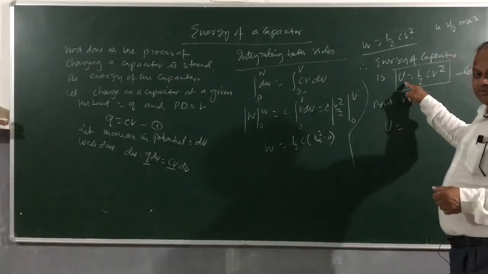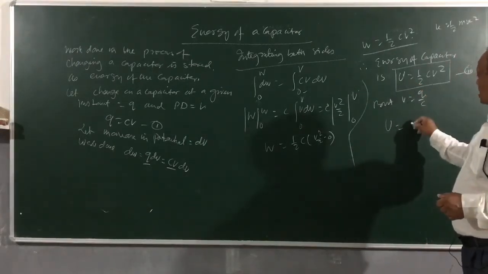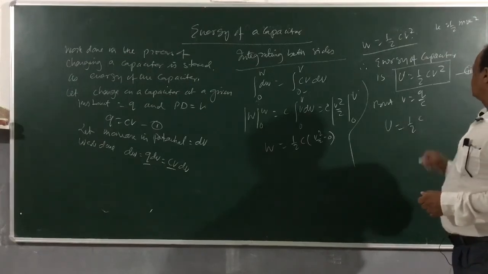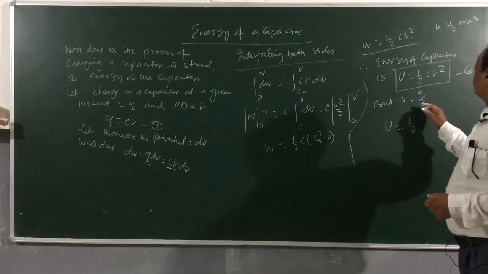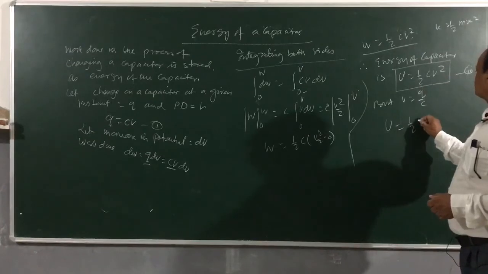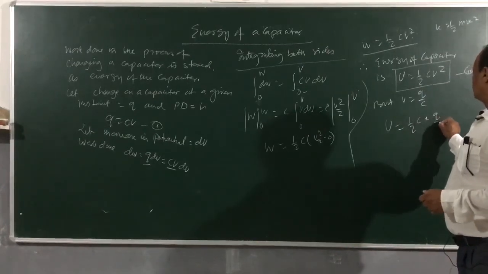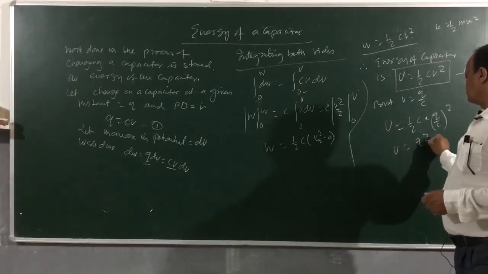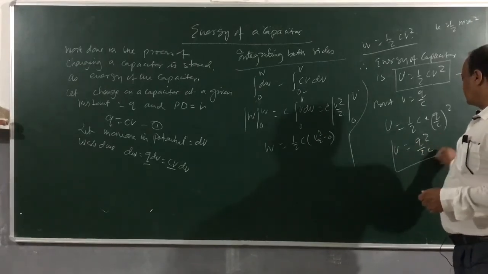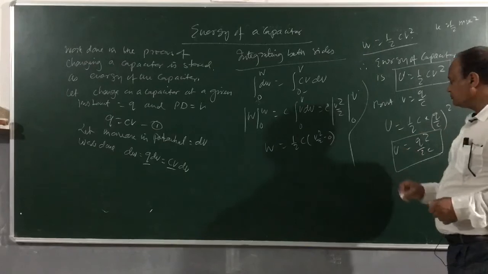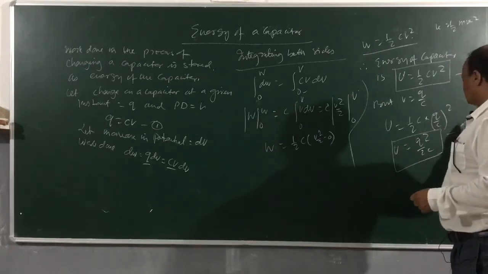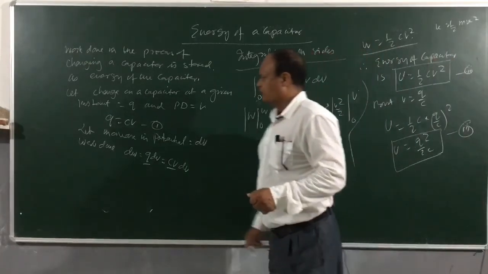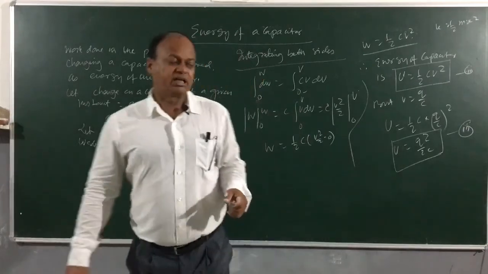U is equal to half C into Q by C whole square. Simplifying, it becomes Q square by 2C. So we got the second formula, this is equation 3. So we have 2 formulas for potential energy of a capacitor.